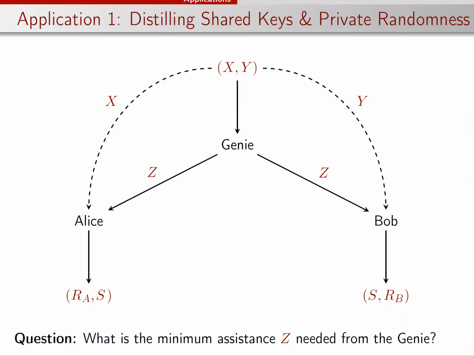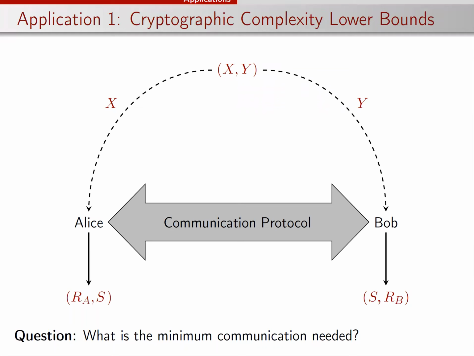You can think about the Genie's assistance as an information-theoretic measure, and in fact, lower-bounding this information-theoretic measure translates into communication and cryptographic lower bounds of interactive protocols. The Genie's assistance can be equivalently replaced by a communication protocol between Alice and Bob.